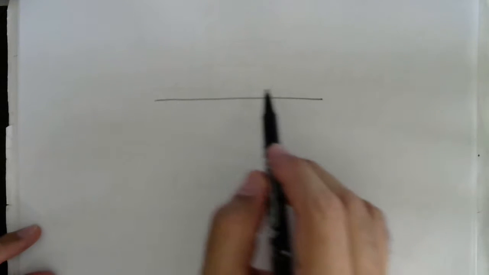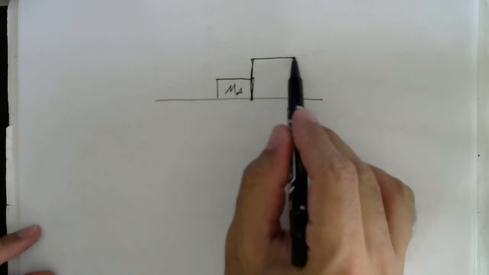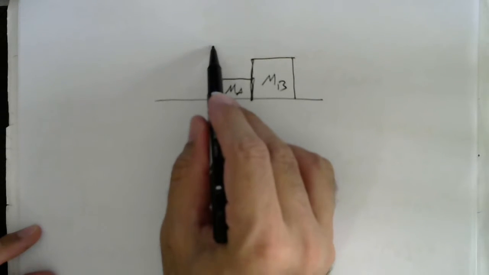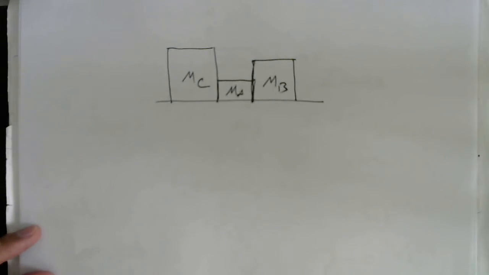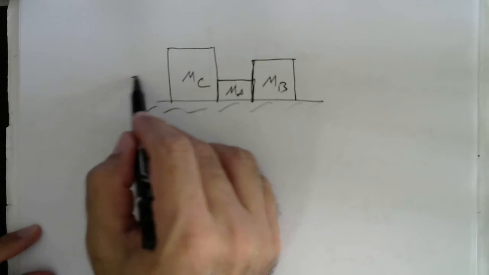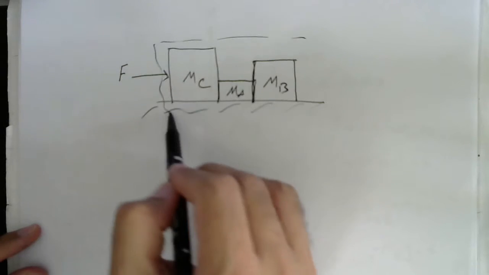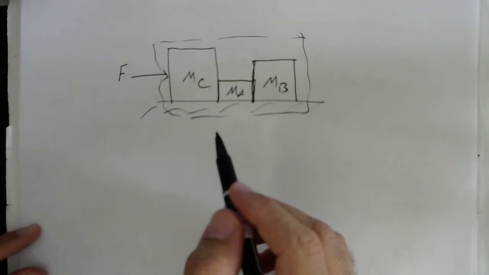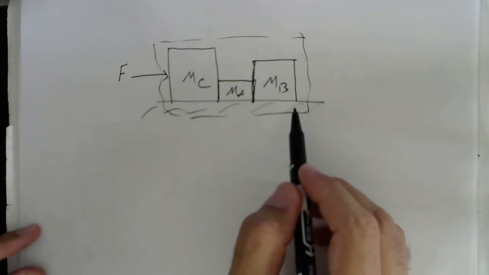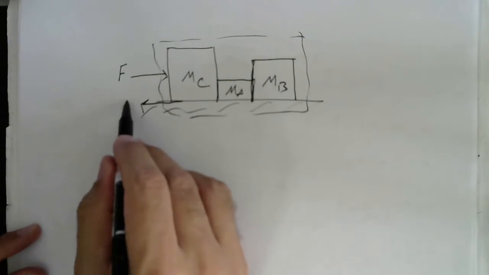Suppose you have three objects, A, B, and for example, C is a bit bigger, it can be different, and then the system is acted on by an external force like F. Now, if I consider the whole thing as a system, there is a frictional force for the whole system, which we consider f.